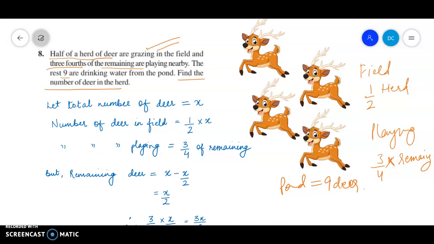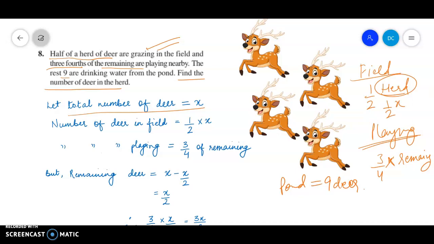First of all, you will see here that in the playing section it is 3/4 of the remaining deer. Now what is the remaining deer? First of all, we'll see for the field, half of the herd, and we have been asked about the total number of deer in the herd. That means I can take the total number of deer as x, so this will become half of x.